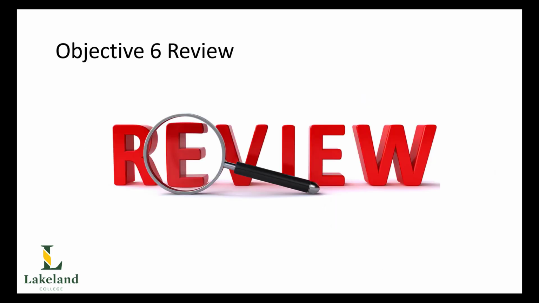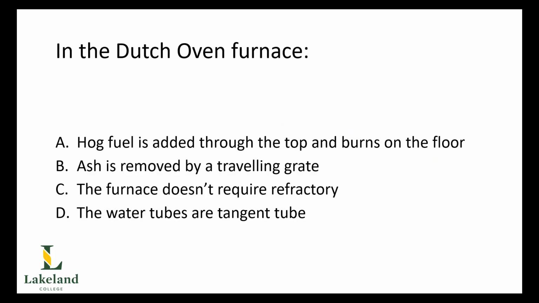Okay, that's it for a fairly short objective 6 there. Let's take a look at some typical multiple choice questions that you could be likely asked for this objective. So first, in the Dutch oven furnace, is A, hog fuel is added to the top and burns on the floor, B, ash is removed by a travelling grate, C, the furnace doesn't require refractory, or D, the water tubes are tangent tube.